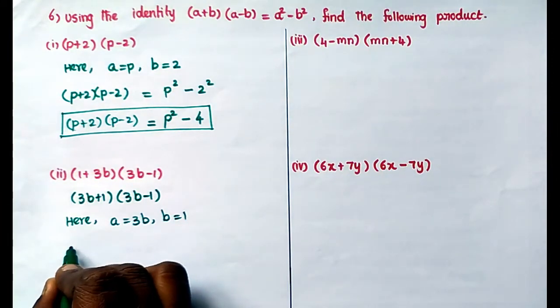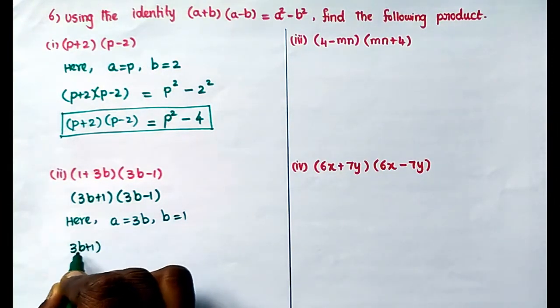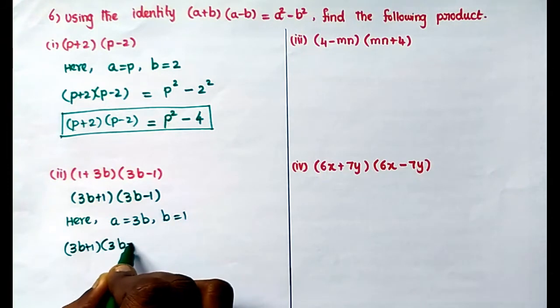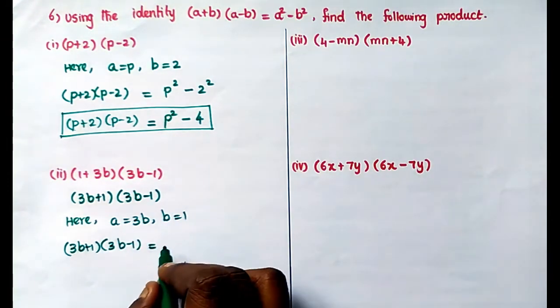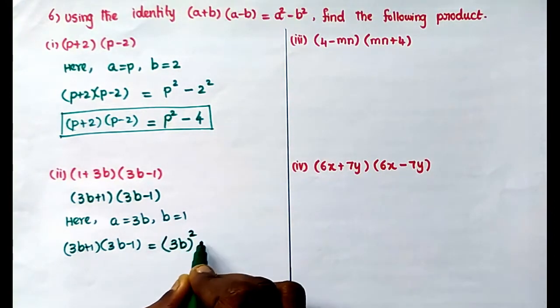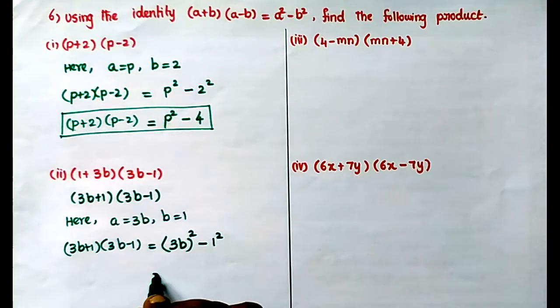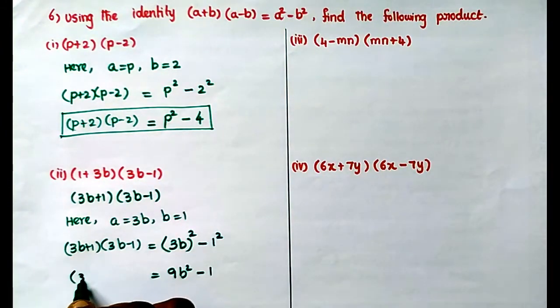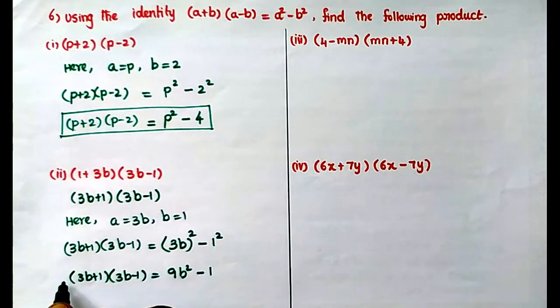Now applying this formula, (3b + 1)(3b - 1) is equal to a squared, that is (3b) squared, minus 1 squared. 3 squared, that is 9b squared, minus 1 squared means 1. That is the answer.